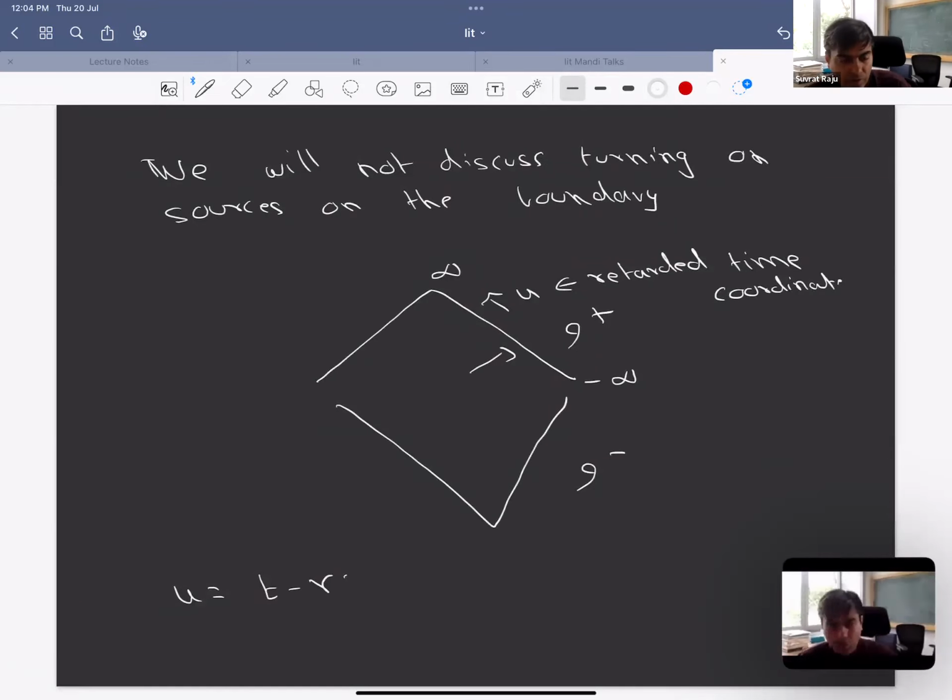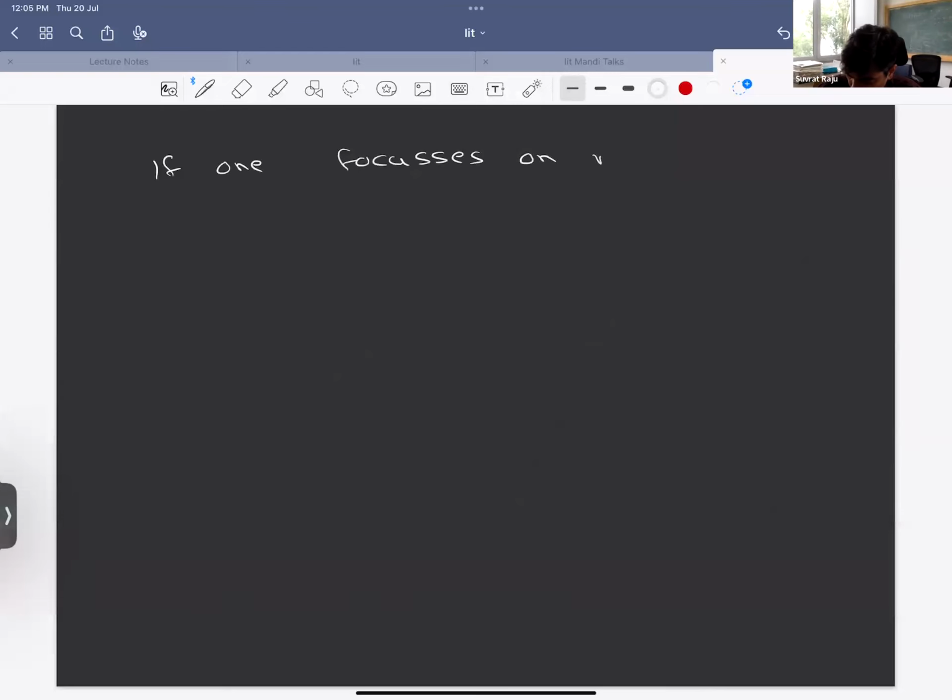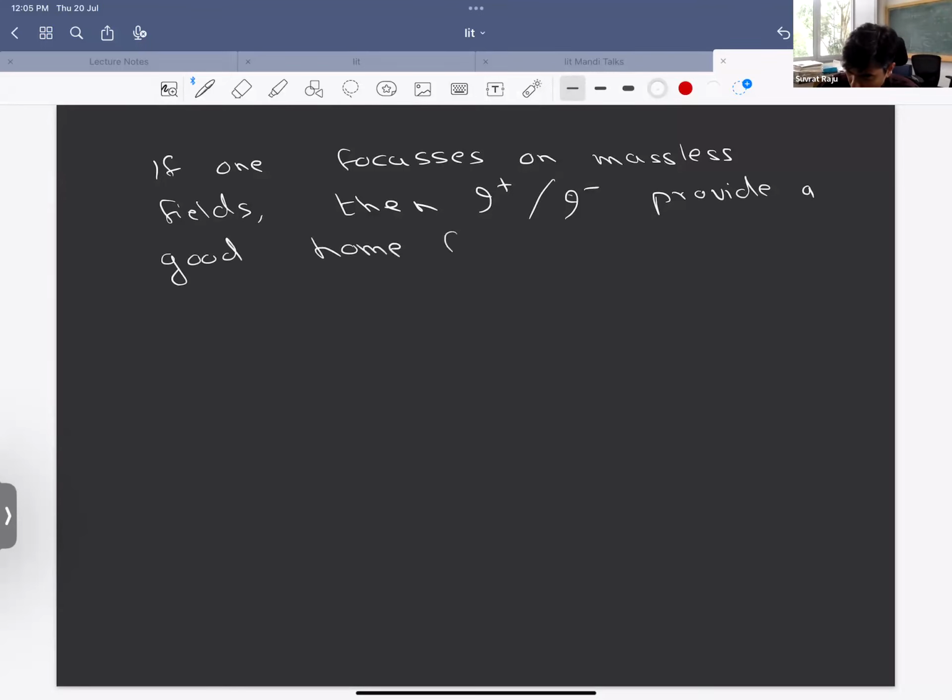However, if one focuses on massless fields, then I plus or I minus provide a good home for boundary limits of bulk operators.